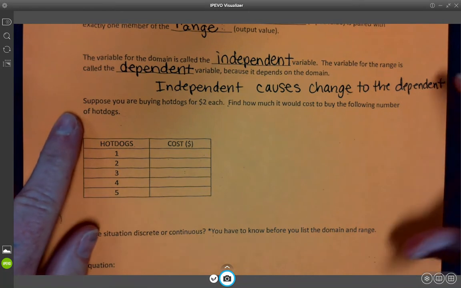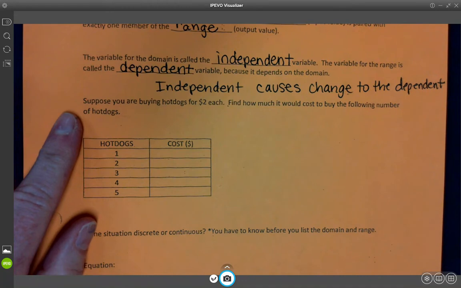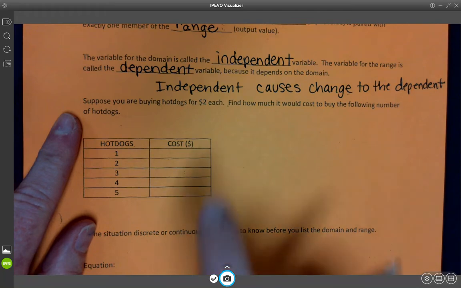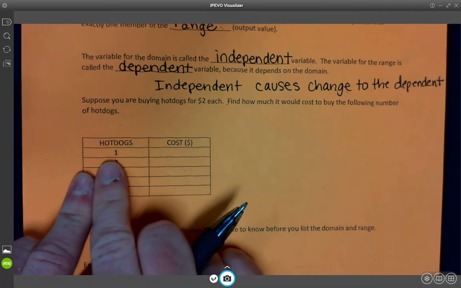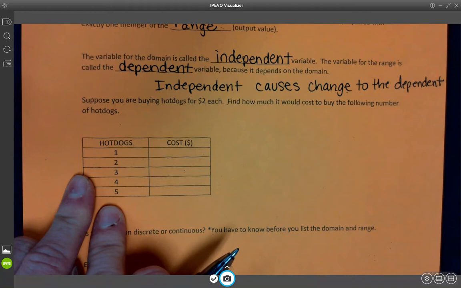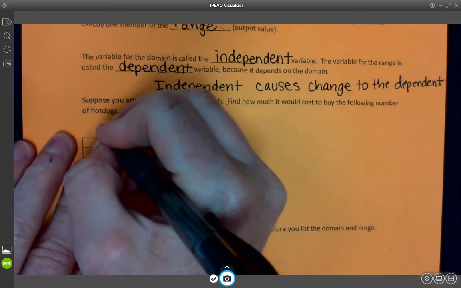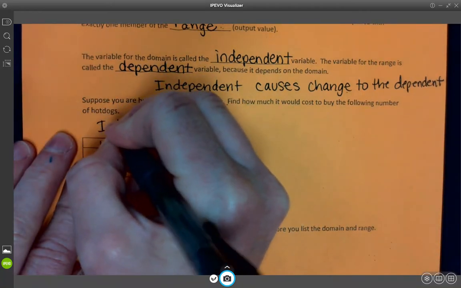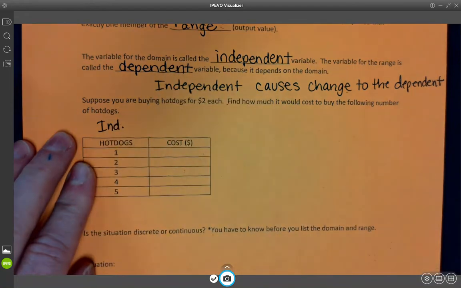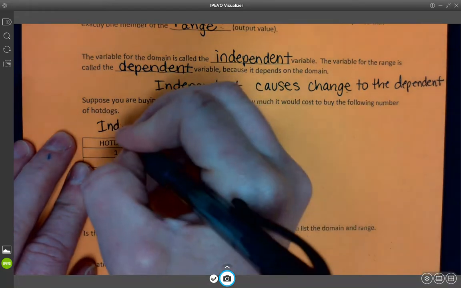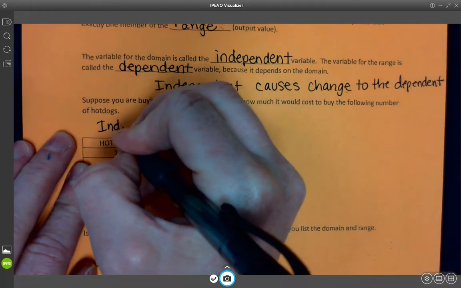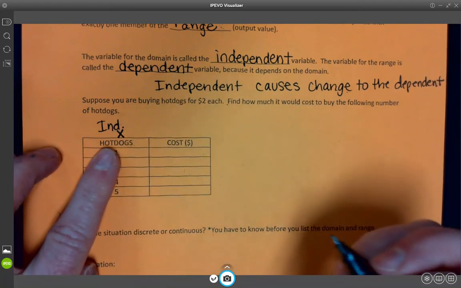So let's look at our first word problem. Suppose you're buying hot dogs for $2 each. For how much it would cost to buy the following number of hot dogs. So they've created a table. So hot dogs is our independent, which is our x values, which in this case we could write as h.